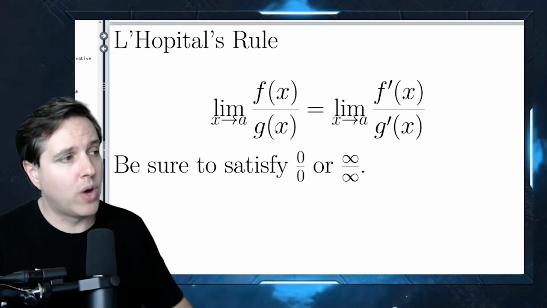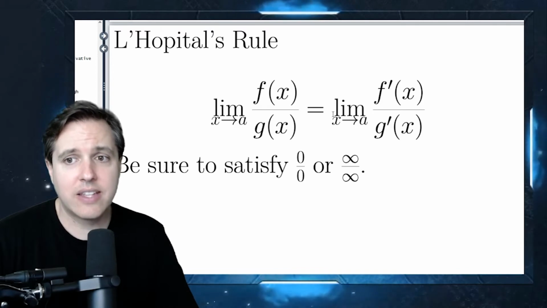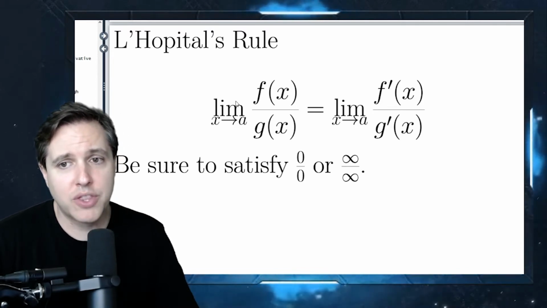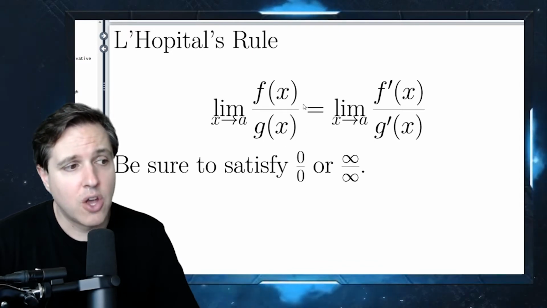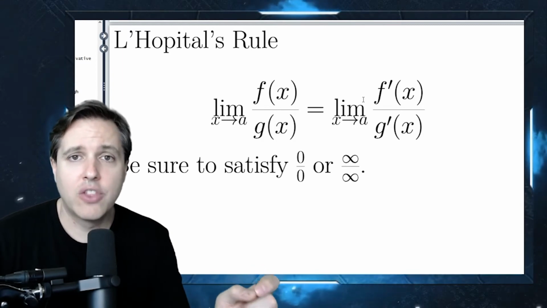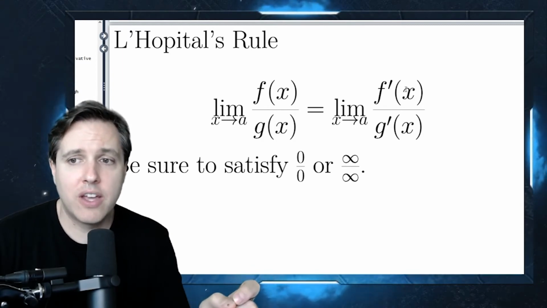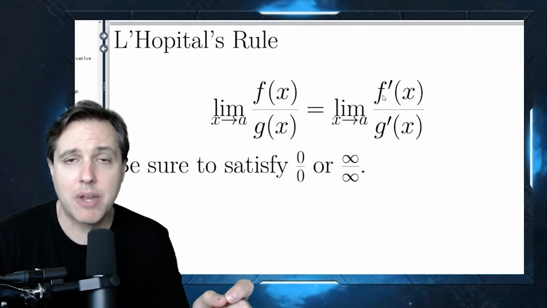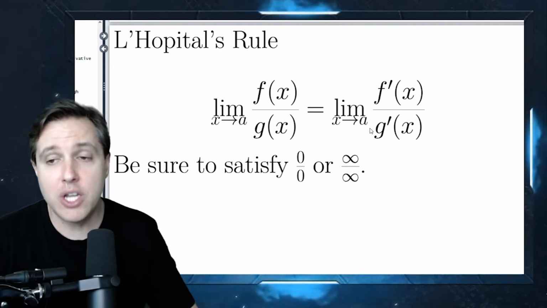Okay, so what L'Hopital's rule says is that we can use this tool where, if we're having trouble with the limit algebraically of a function like this, we can match that up with the limit of the derivative of each of those functions. So we're going to rewrite this. Notice how our f became an f prime, our g became a g prime, right?